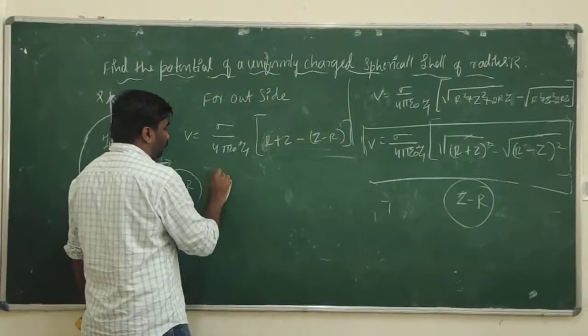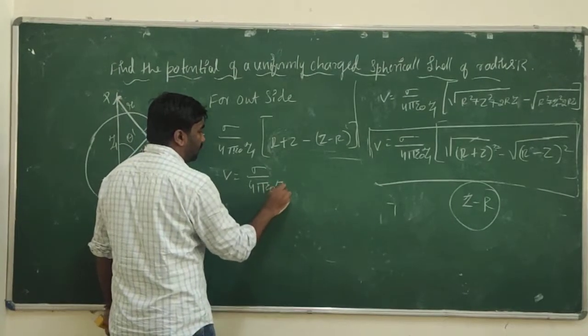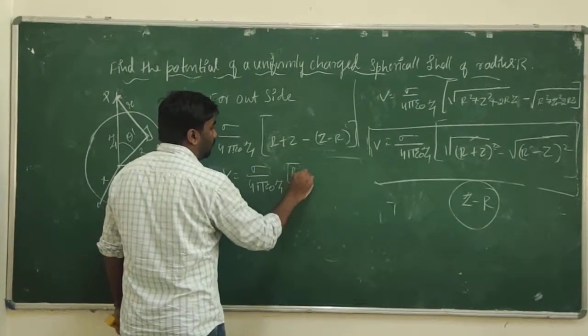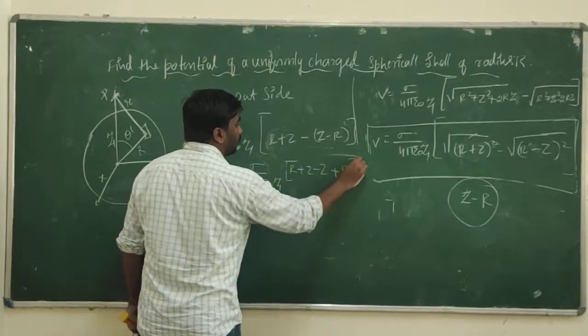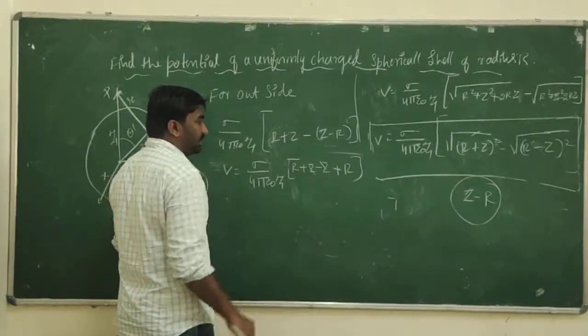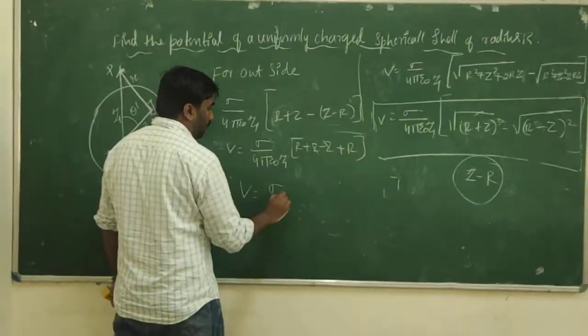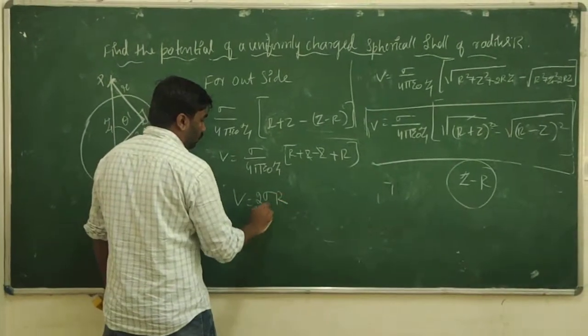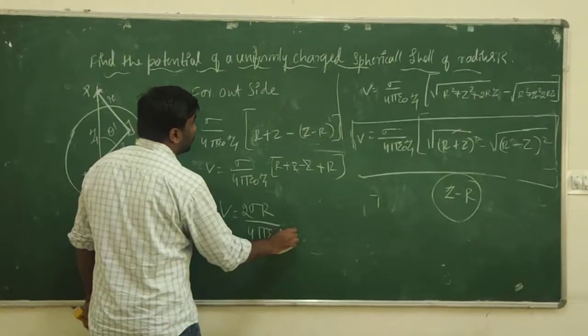So V is equal to sigma divided by 4 pi epsilon naught z into r plus z minus z plus r. So z and minus z cancel, the remaining is sigma into 2r divided by 4 pi epsilon naught z.